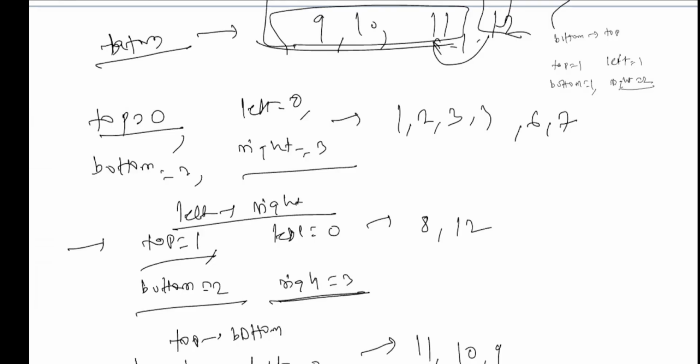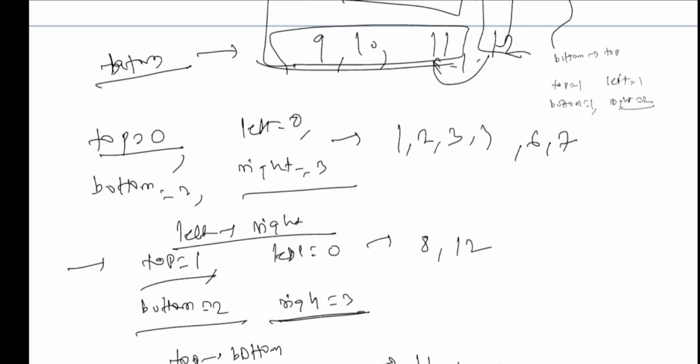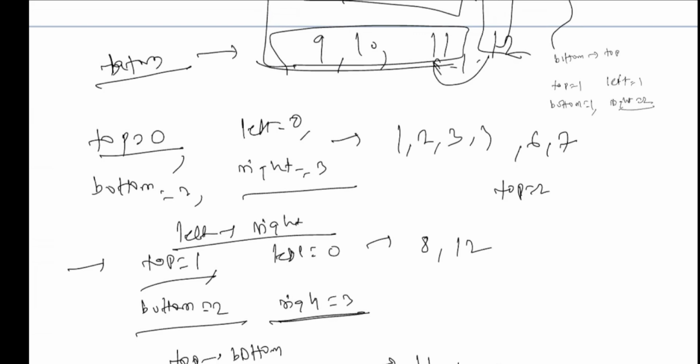Once left and right is completed, what we are increasing is our top, right? So top would become 2. Let me just change that. Top would become 2 and my bottom is 1.